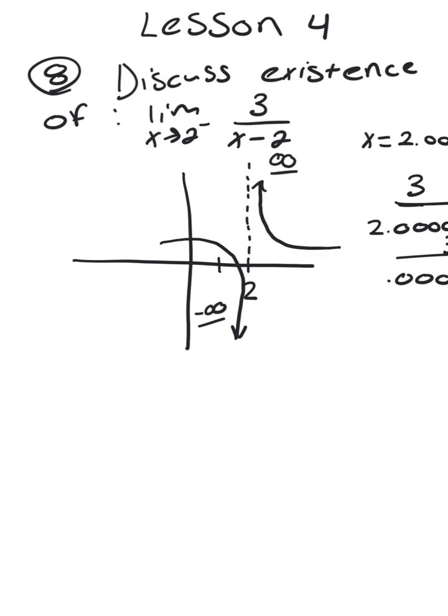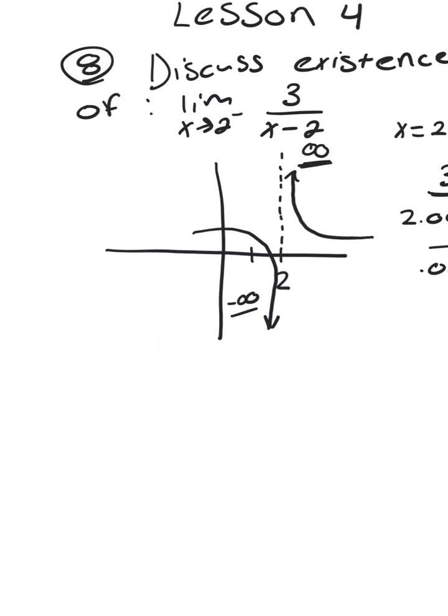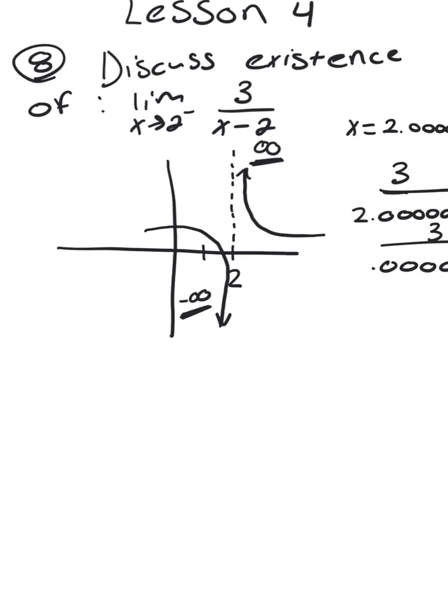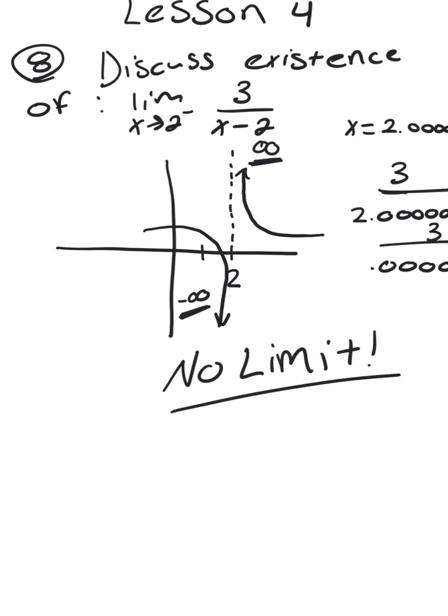So through this, we understand that there is no limit, because the only place it would get to is infinity, and that is not a fixed number. Therefore, there is no limit.